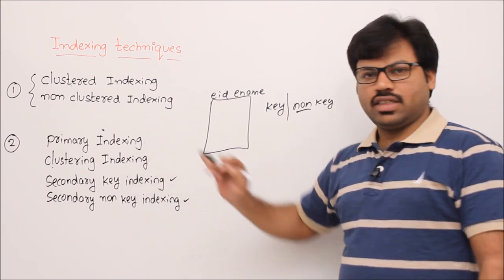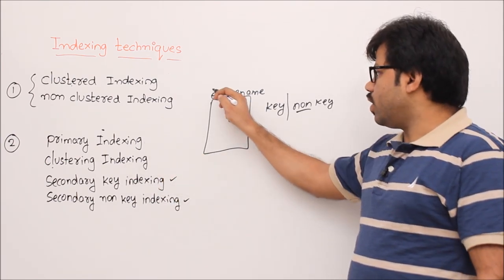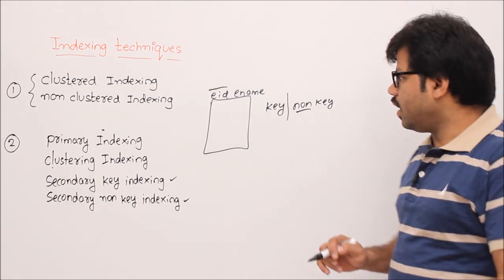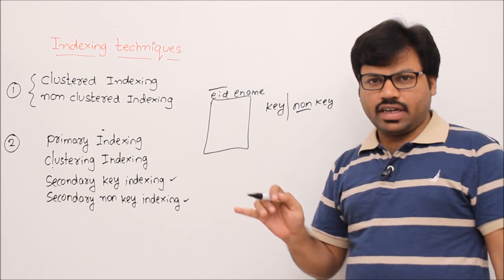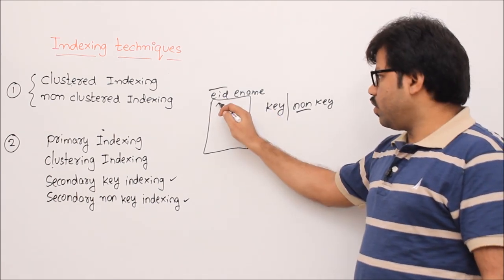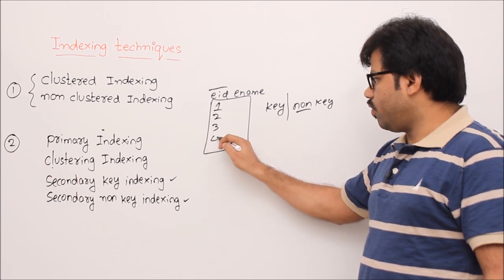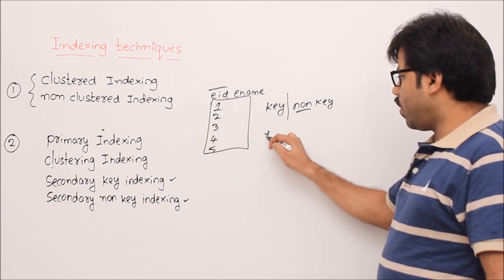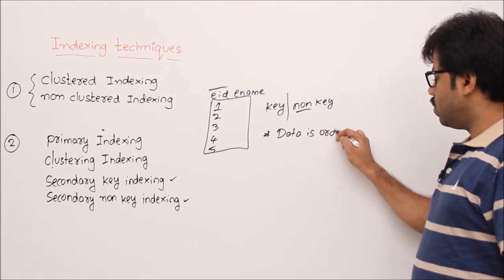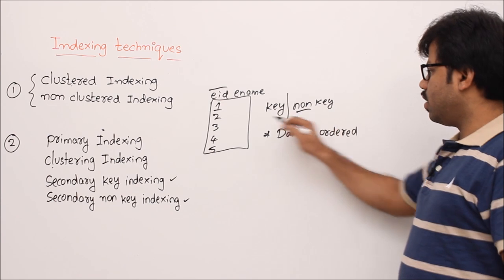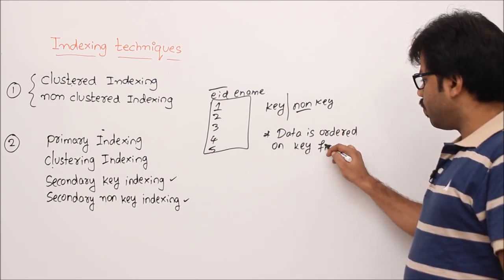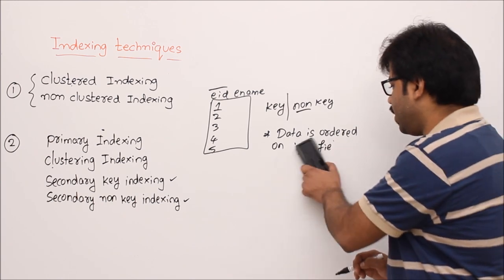In primary indexing, for example, in these two fields, employee ID is a field which generally cannot contain duplicates. So on such a field, if I create an index and data is ordered on this employee ID field, for example your data is like this: 1 2 3 4 5. So point number 1, data is ordered on the index field.